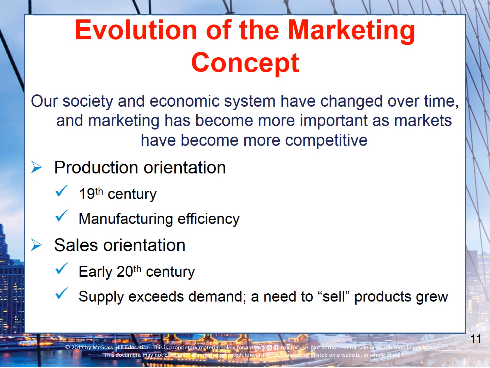Then in the early 20th century, we evolved to a sales orientation due to increased manufactured goods that actually created a surplus in the U.S. For the first time, goods had to be marketed or sold to consumers since there were overabundant options available to them, and you couldn't assume you were the only business selling those products.